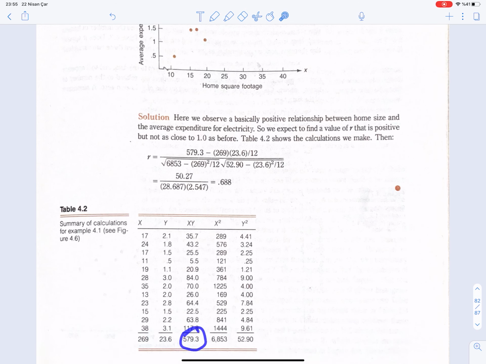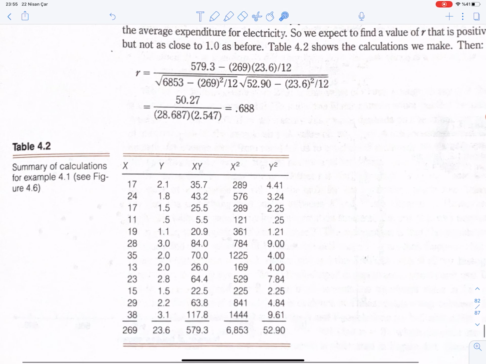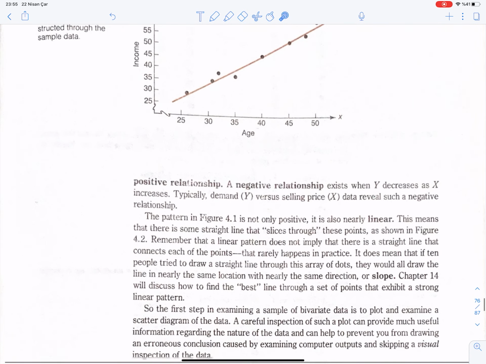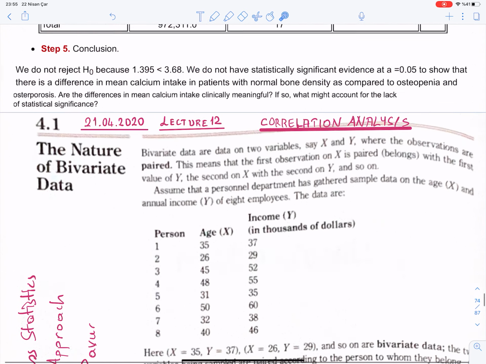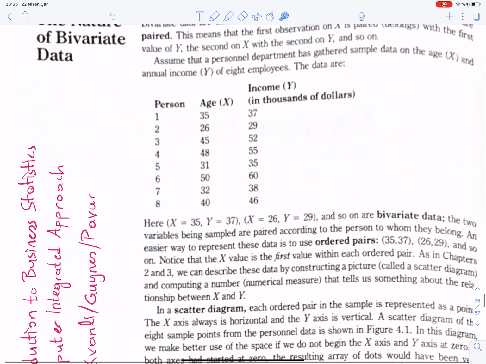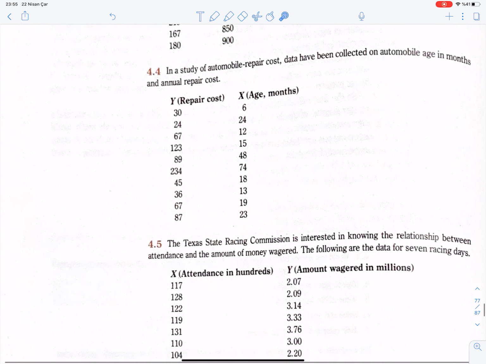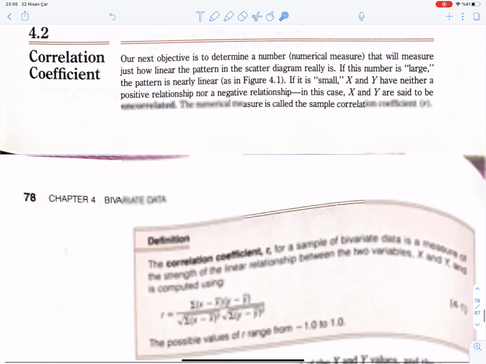To do that, you perform the same table calculation here: the sum of x, the sum of y, and so on. The sum of x is 269, and the sum of y is 330, 23.6. You produce the same table as we did in the first example. Let me remind you of this one.